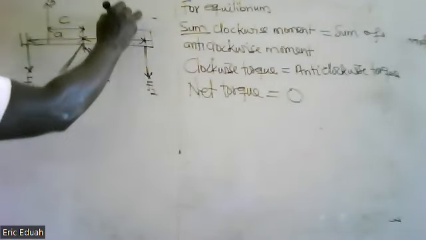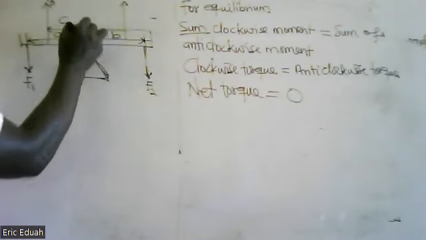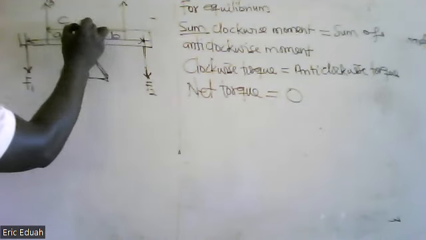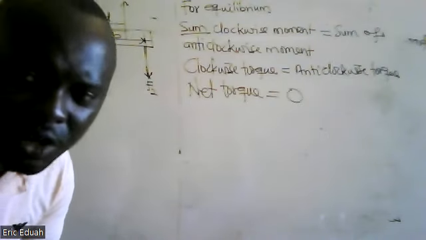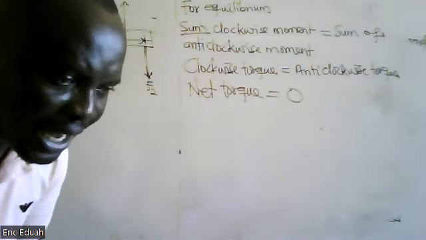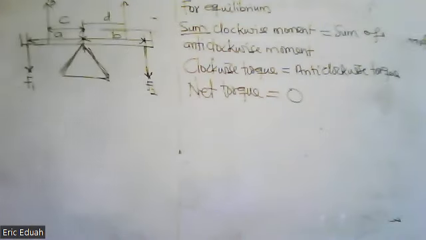Then we also have F4. The distance from the pivot to F4 is D. So here you identify all the clockwise moments and all the anti-clockwise moments and then sum them up.